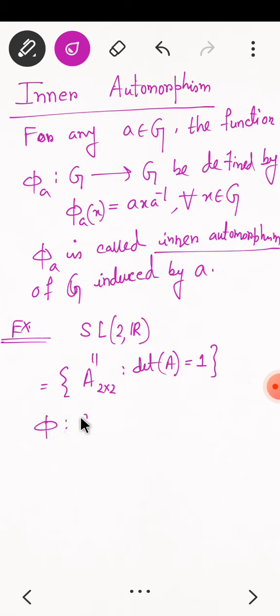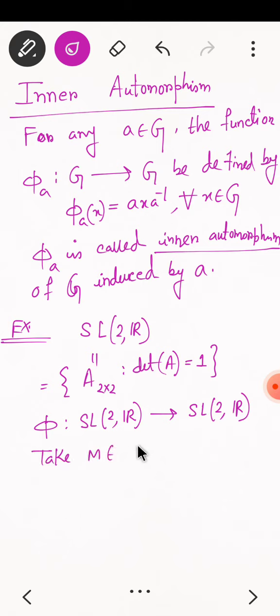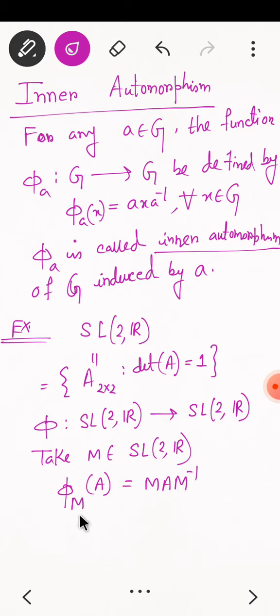If we take phi from SL2R to SL2R, and take an element, say M belonging to SL2R, then phi M is defined by phi M of A maps to M A M inverse. Then we can check that phi M is an automorphism.